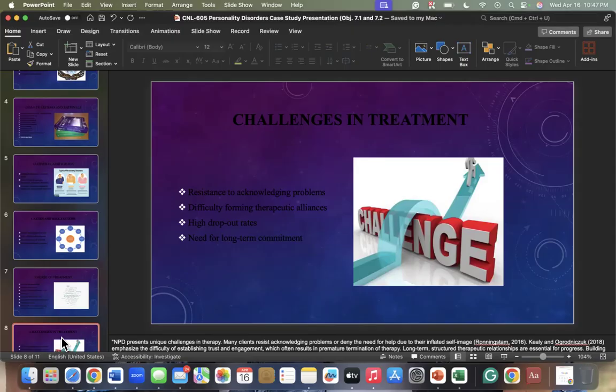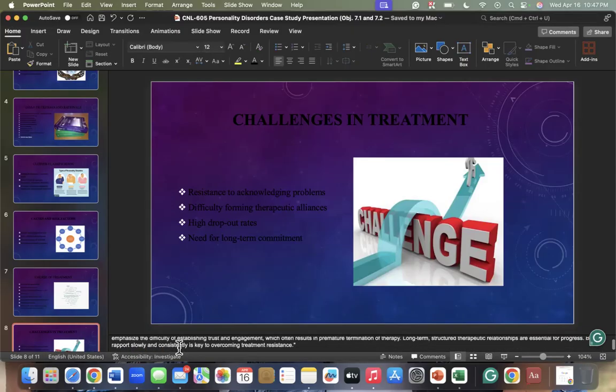Also, helping them with progressing and building on the character of who they really are, and showing them that there are other ways to overcome treatment resistance.